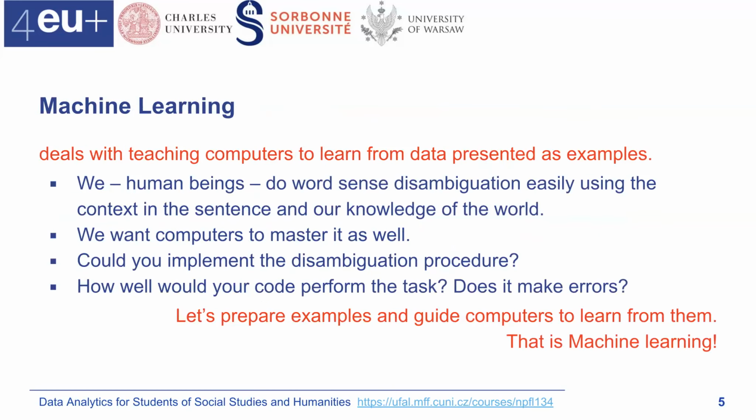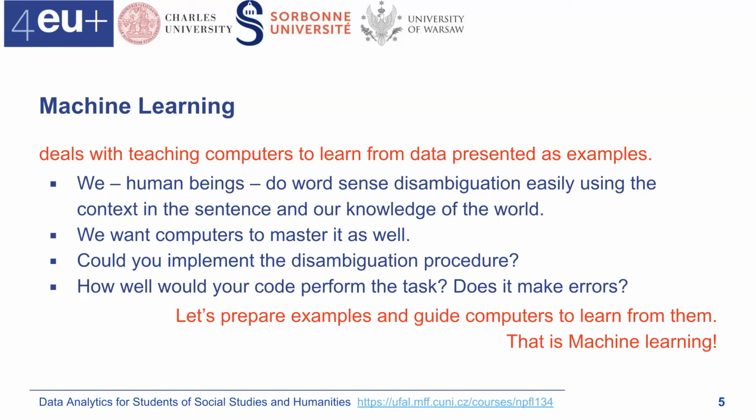And we would like to teach computers to do word sense disambiguation using machine learning. And it's the right time to say that machine learning deals with teaching computers to learn from data presented as examples.